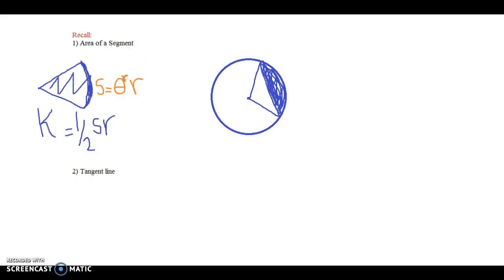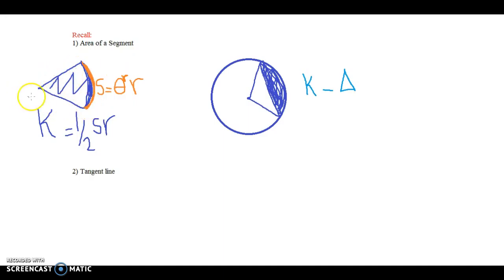Now to find the area of the segment, we have to do K, which is the area of the entire sector, minus the triangle. All of this is actually K and S, and all of this is chapter 7. So you can go back to your notes and look at where we did the arc length. We said the arc length is just the length around the circle, or a portion of the circumference.